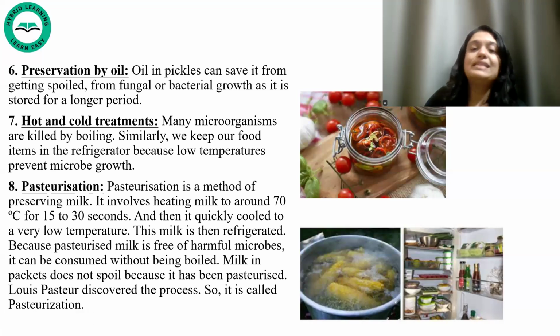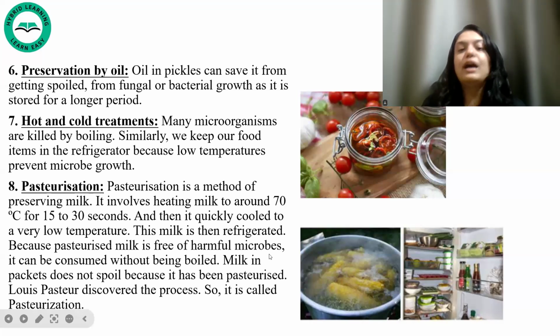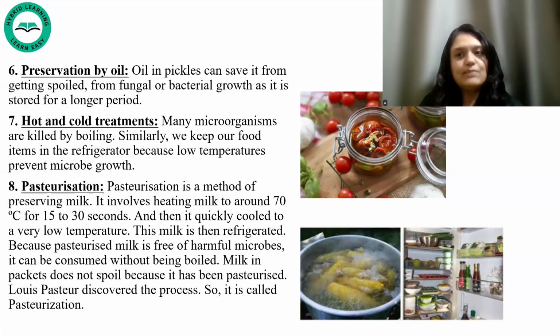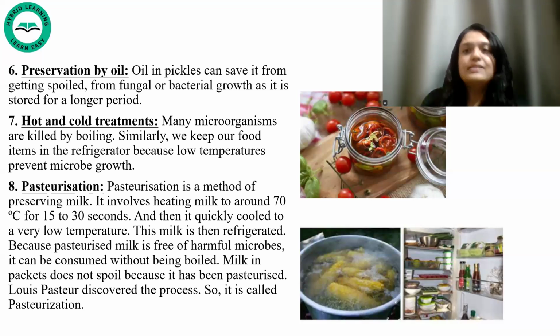Then the milk is refrigerated. Because pasteurized milk is free from harmful microbes, it can be consumed without being boiled. These milks won't get spoiled, because they have been pasteurized. Hence, pasteurization is a very important and effective method to preserve milk.